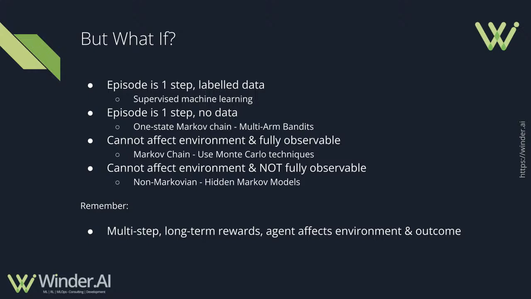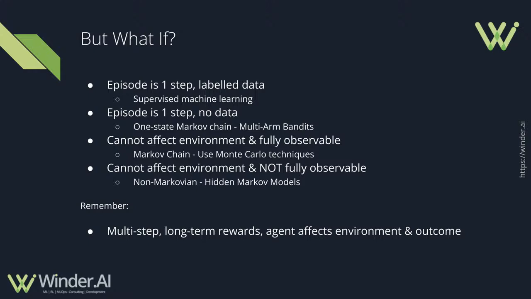If the episode is still one step, but there is no data, i.e. it's like a live experiment that you need to explore and test in real time online, then that is a very rudimentary single decision, but it's still a Markov chain. It's just a single step Markov chain. And those types of problems are really well solved by multi-arm bandits and the like.